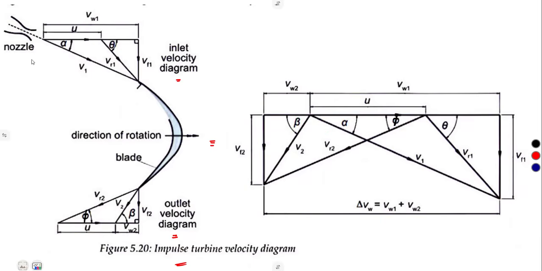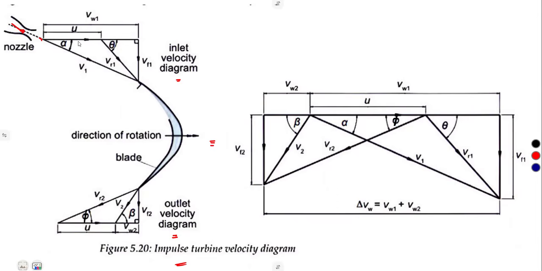From what we have on our inlet velocity diagram, the gas comes from the nozzle, and this is the entrance, at an angle of alpha. The velocity is V1, which is the absolute velocity of the gas.